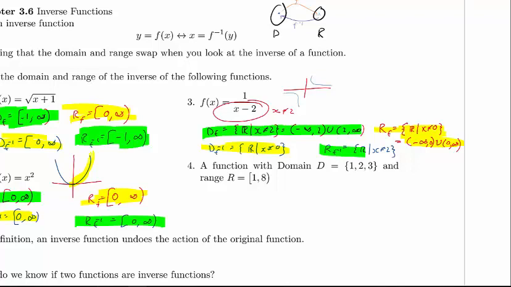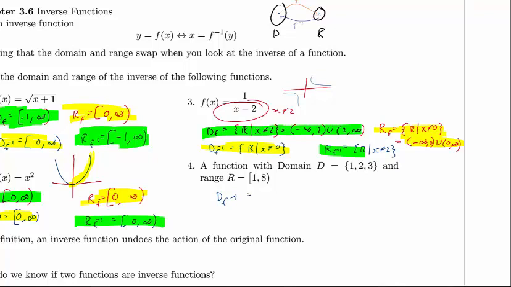Alright, and so this number 4 is more just kind of a hypothetical. We're given the domain and we're given the range. For an actual graphed function, this might not make the most sense, but this is just to make sure we have the right understanding. What is the domain of the inverse?